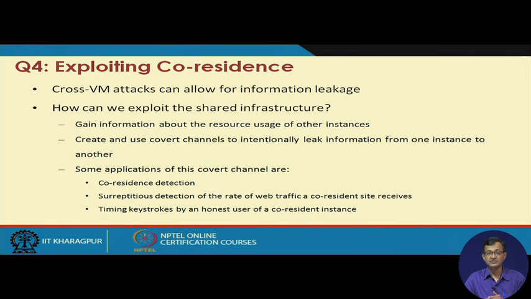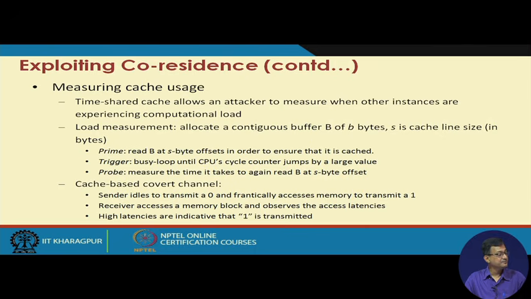So, these are the other things which can be exploited by the attacker. Some applications of these covert channels are co-residence detection, whether I can have some secret detection scheme, and whether the timing of keystrokes allows me to look at the password and so forth.